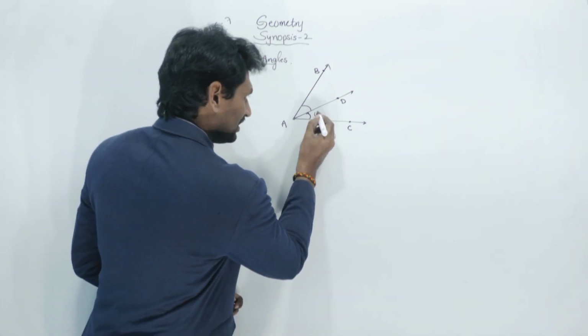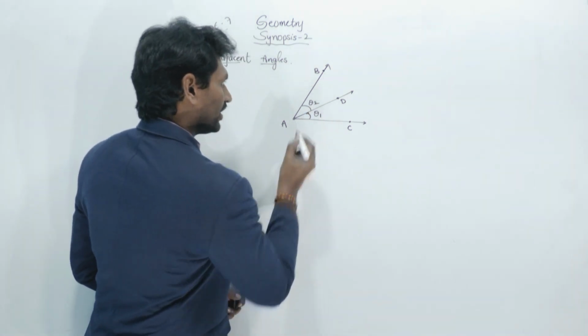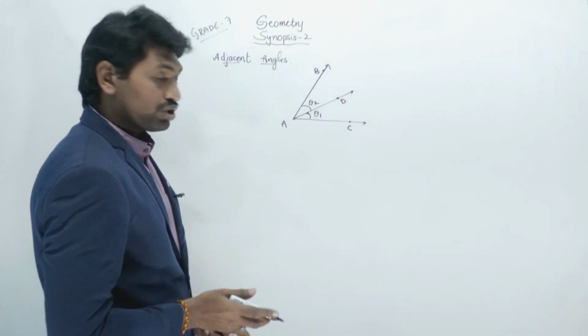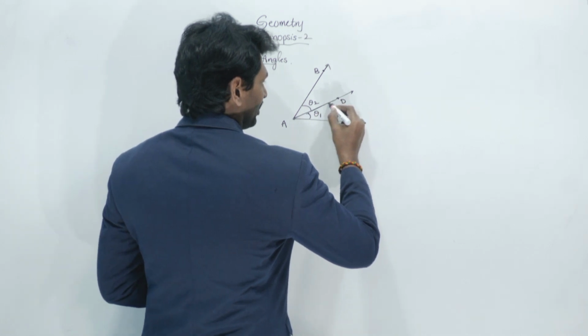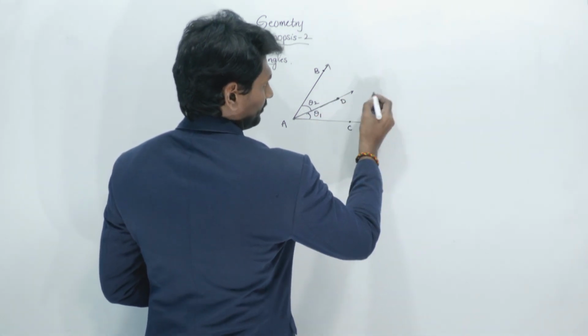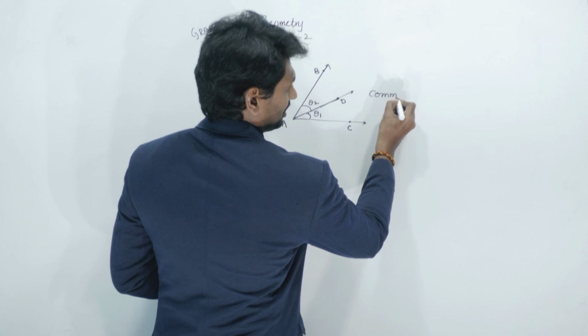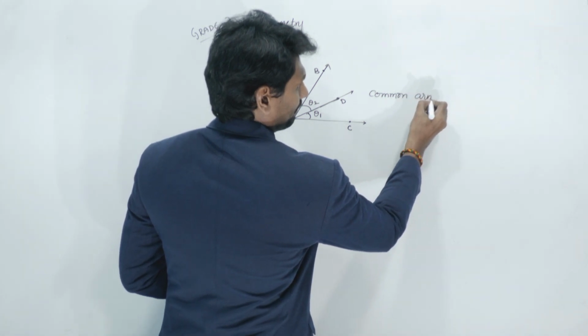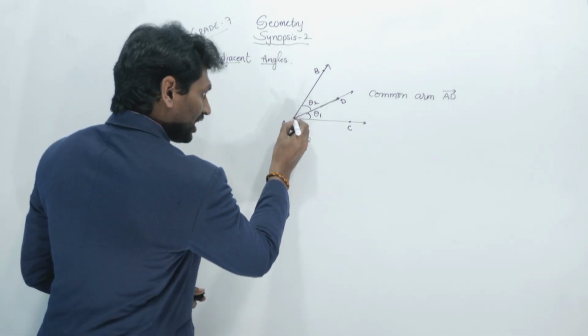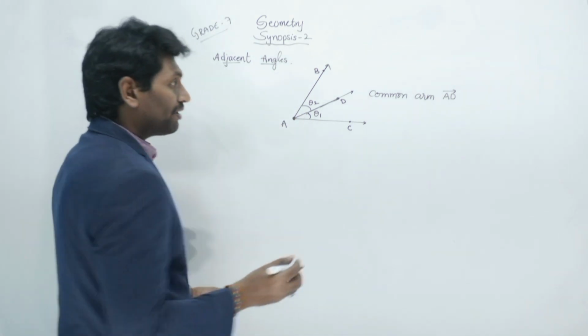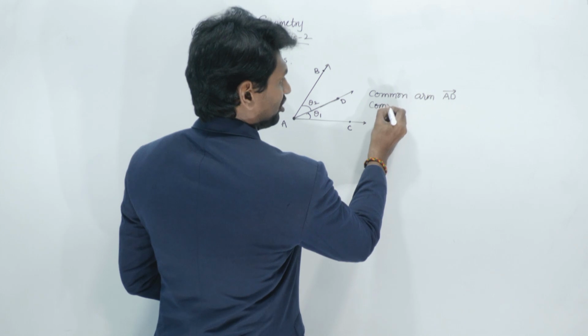That means this angle 1 and angle 2, theta 1 and theta 2, both have a common arm. AD is a common arm and common end point or common vertex. A is a common vertex.